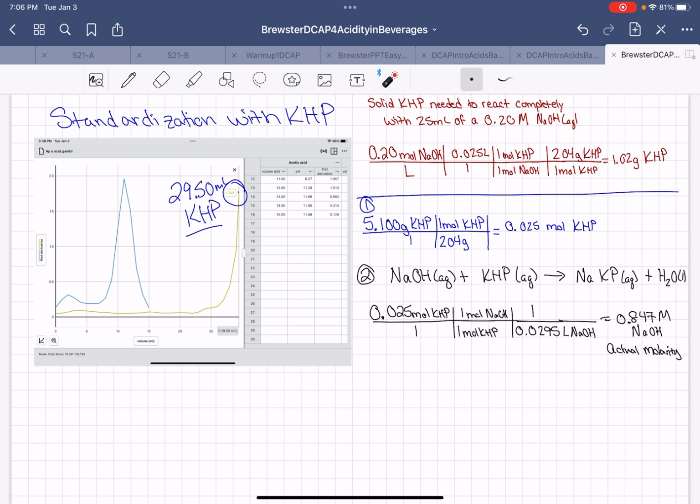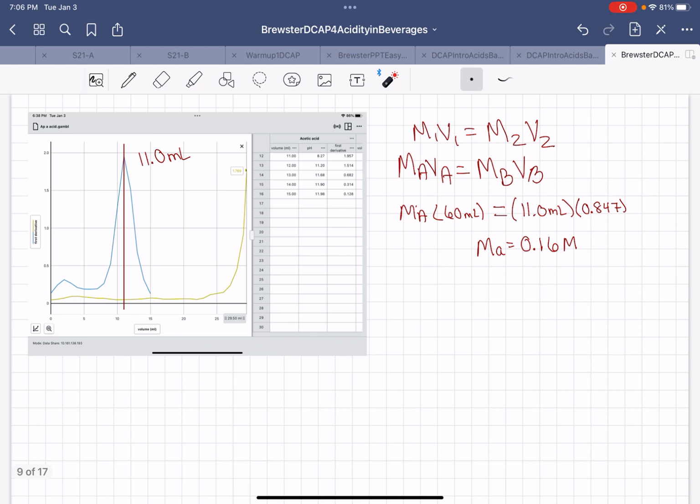So once I have that done, now I can work with my calculations for everything else. Again, I need my derivative from my reaction, and when I did this, I found out that my acetic acid was 11.0 milliliters. So I'm going to do M1V1 equals M2V2, or MAVA equals MBVB, okay?